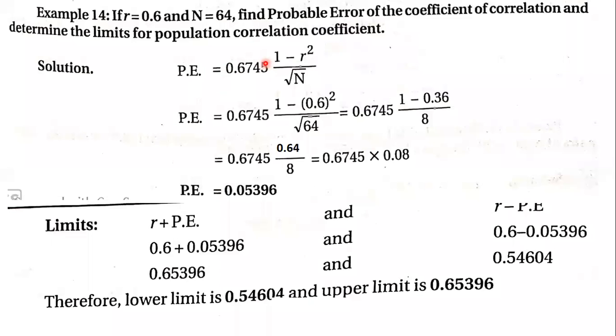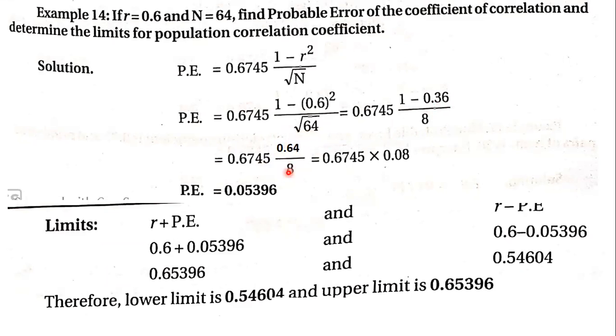So 0.6745 into (1 minus 0.6 square) by square root of 64, which in the next step is 0.6745 into (1 minus 0.36) divided by square root of 64, which is 8. 1 minus 0.36 will give you 0.64, divided by 8.